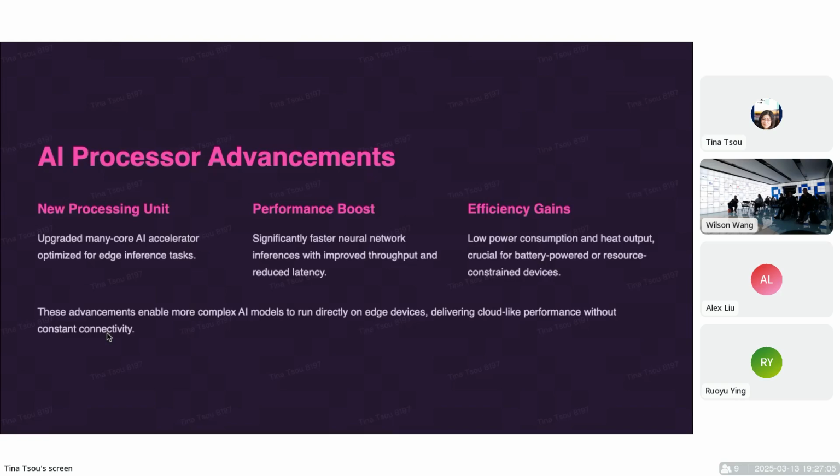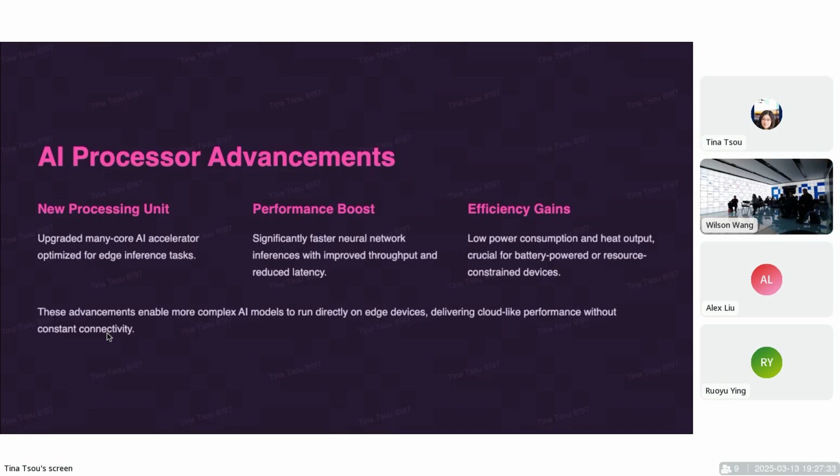Now, just as important are efficiency gains. Edge devices often have limited power and cooling. Think of a drone running on a battery or a sensor unit out in the field. Our new AI processor is optimized for low power usage. It's doing more computation per watt of energy than before.